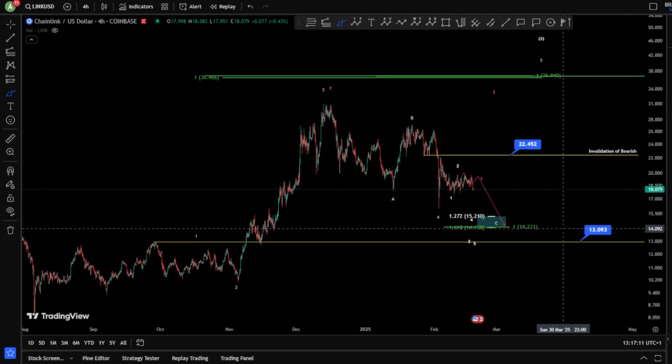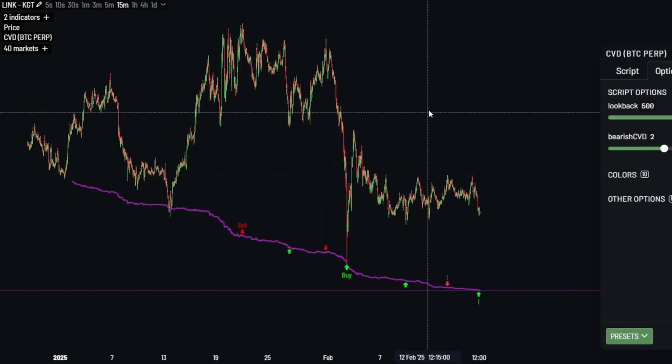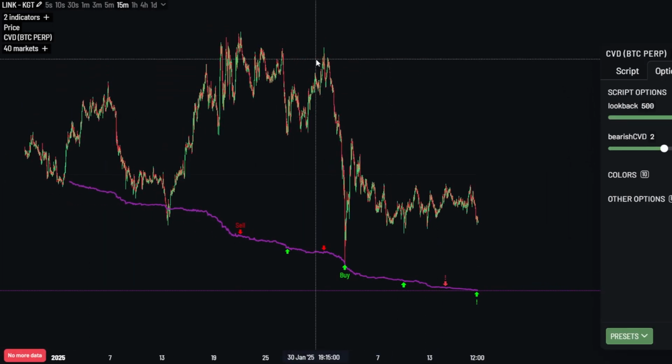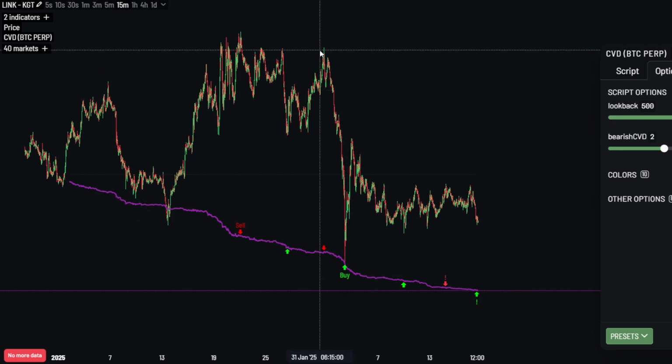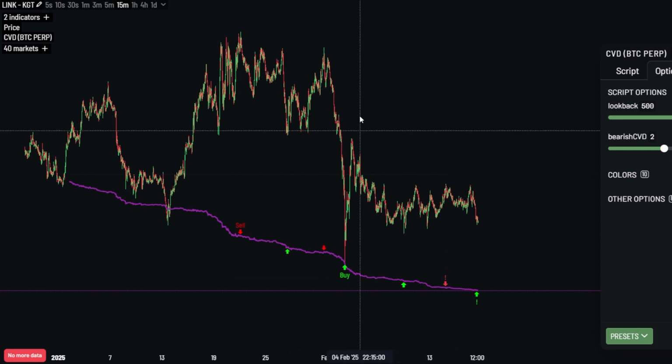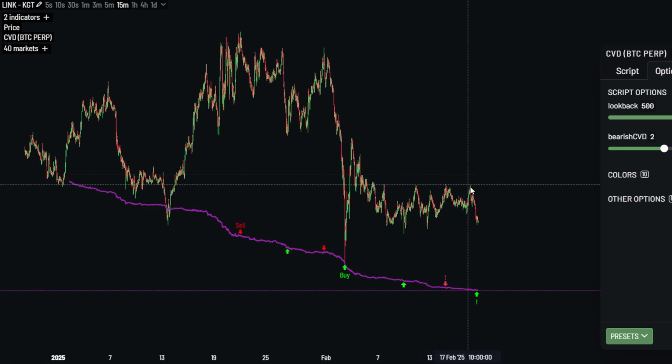Let's take a look as well at the KGT. On the KGT, of course, we are looking at both scenarios here. Both are eligible, bullish and bearish, of course, and we know this is sideways, but yeah, we can see a very, very clear convergence, very strong convergence from the tops here, putting some pressure on link for lower prices.